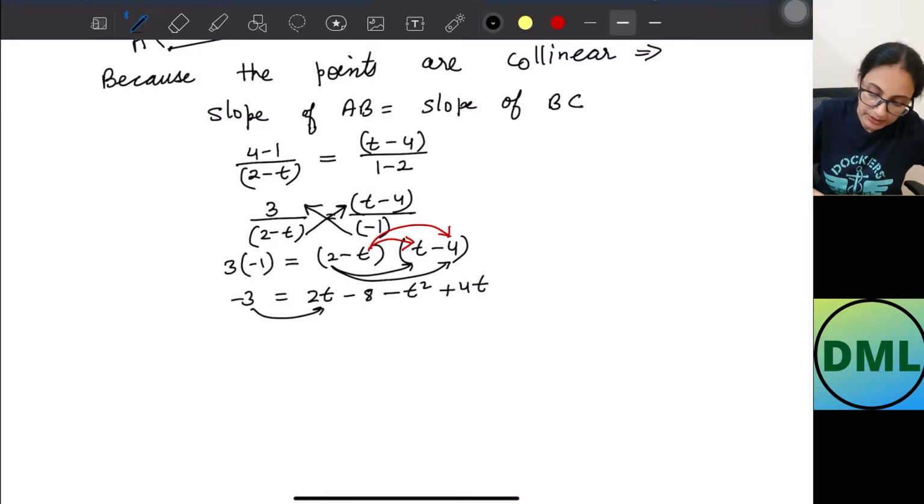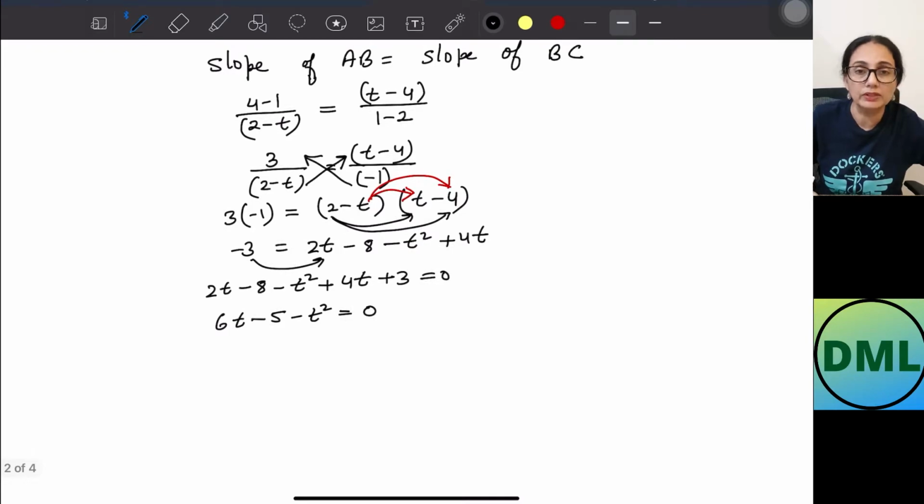Now move this minus 3 on the right hand side. It will be 2t minus 8 minus t square plus 4t plus 3 is equal to 0. 4t plus 2t is equal to 6t. Minus 8 plus 3 is minus 5. Minus t square is equal to 0.